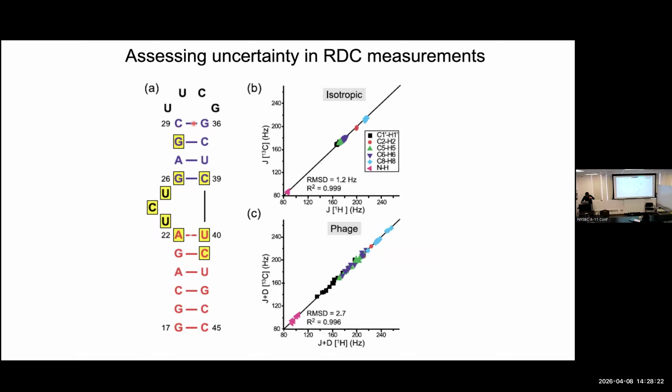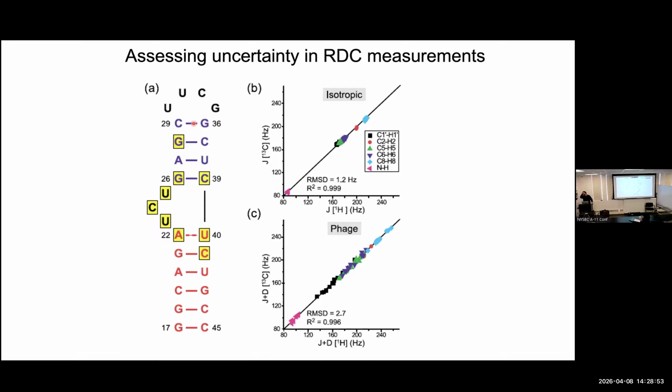Now, every resonance has its own uncertainty. One thing we know from NMR is that the same type of spin has very different broadening depending on who it is, because you can have line broadening from conformational exchange, some exchange broadening, right? So you really have to worry about the error in measurement on a per resonance level, and not ascribe a uniform error.